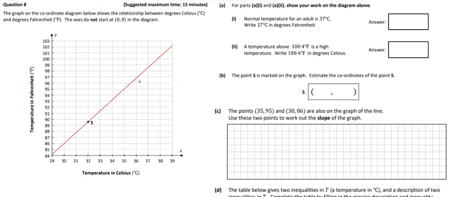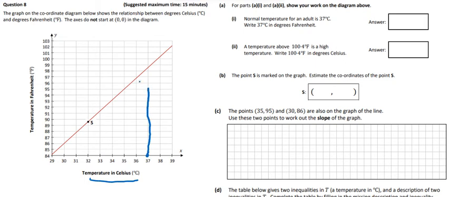Normal temperature for an adult is 37 degrees Celsius. Write 37 degrees Celsius in degrees Fahrenheit. So it gives it to us in degrees Celsius. Therefore, we're looking at the bottom here, because on the bottom it's degrees Celsius. So if we go to 37 degrees Celsius, which is here, what you need to do is draw a line straight up.